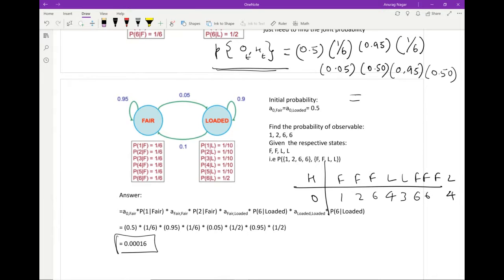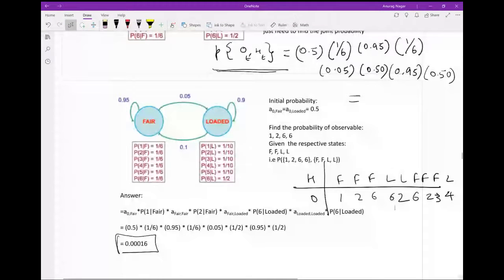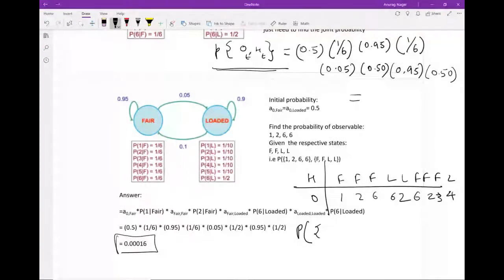Let's say one of these is 3, one of these is 2. Let's make this 6 and 2. So you could have this scenario, and I can ask you what is the joint probability.